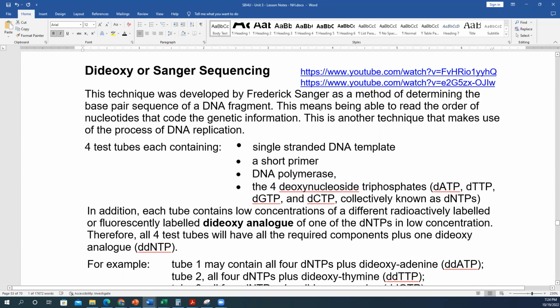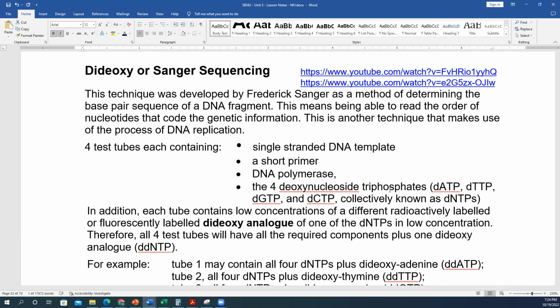That's why it's called Sanger sequencing, as a way of determining the sequence of your DNA fragments. And what this really means is giving you the ability to actually read out the order of the nucleotides that code for that genetic information.